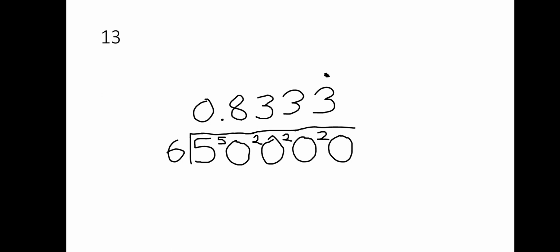You'd carry the 5 over, so you do 50 divided by 6, which is 8 remainder 2, and then 20 divided by 6, which is 3 remainder 2, and then that pattern just keeps on carrying on, so you get 0.83, and then it's 3 recurring, so it's 0.83 recurring, where the dot is over the 3.